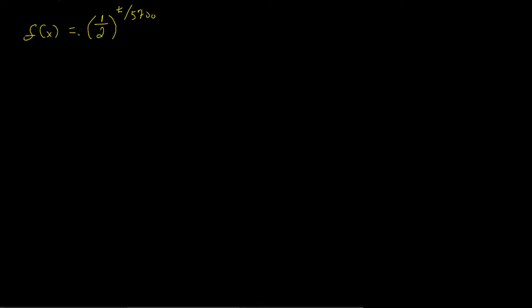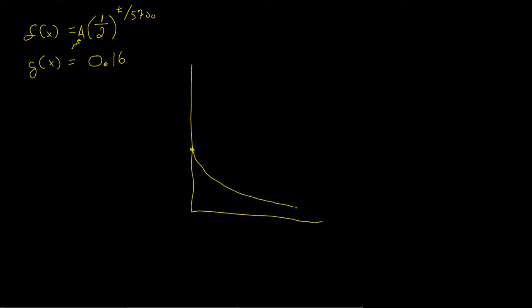And some initial amount would be out here, but this amount's going to go away for us because we just want when this returns 16%. And so the other function we're going to look at is when we have 0.16 as a constant. And so what we're going to end up with is this. And where they intersect is going to be our solution.